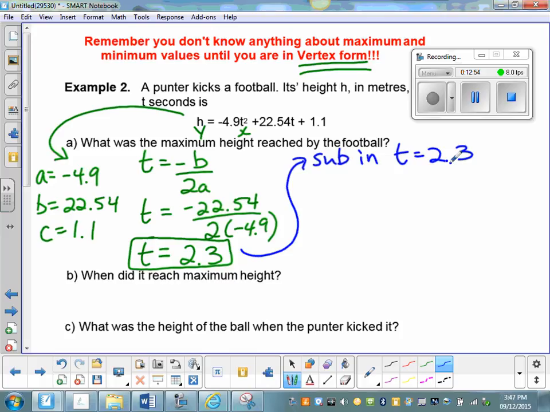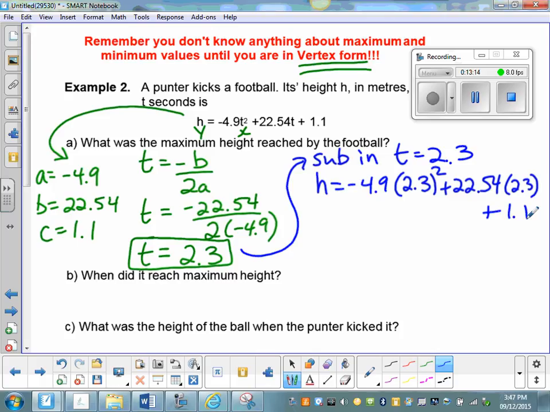So in the equation, h equals negative 4.9, and then 2.3 squared plus 22.54 times 2.3, and then plus 1.1 on the end.